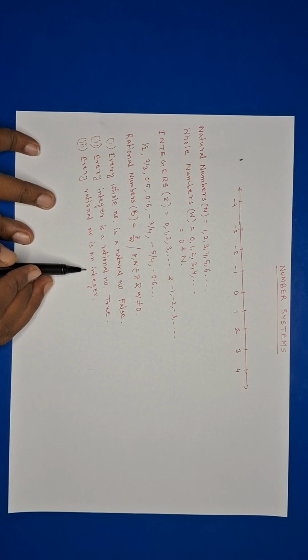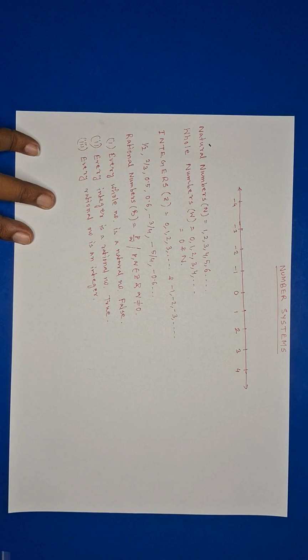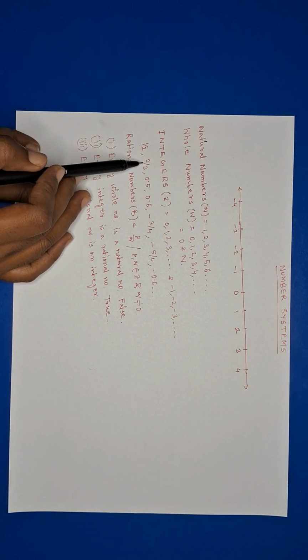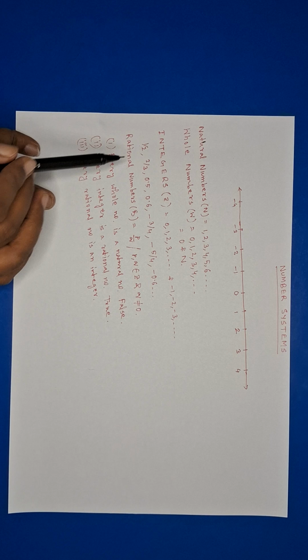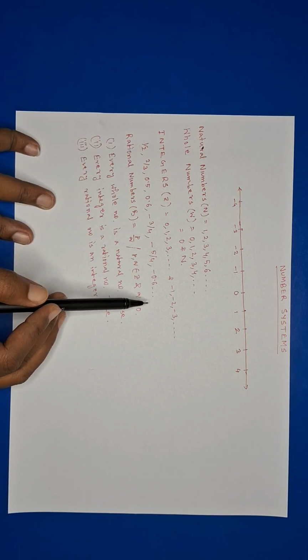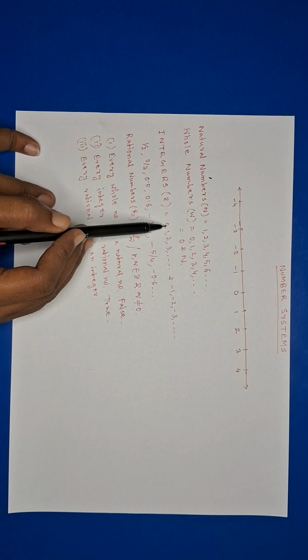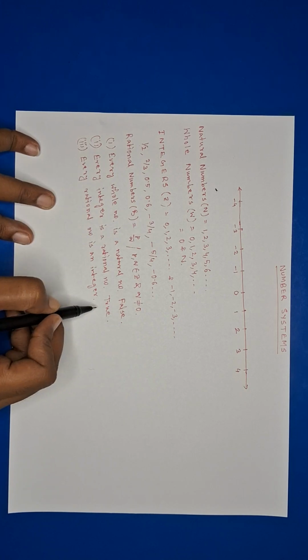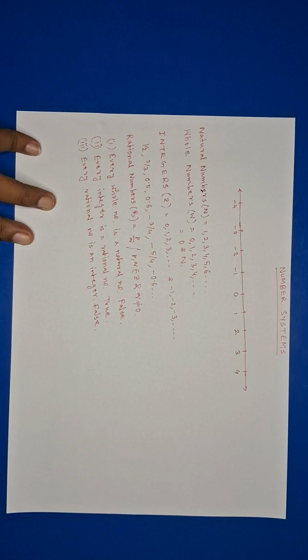What are rational numbers? 0, 1, 2, 3, 4, minus 1, 2, 3, half, or 2 by 3, 0.5, all are rational numbers. But all these numbers are not integers. Do you think 1 by 2 is an integer? No, this is not an integer. So this statement is false.